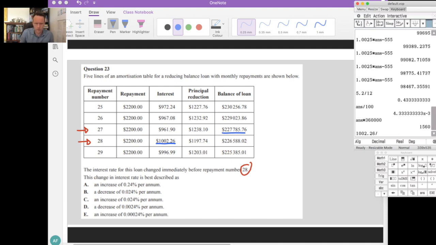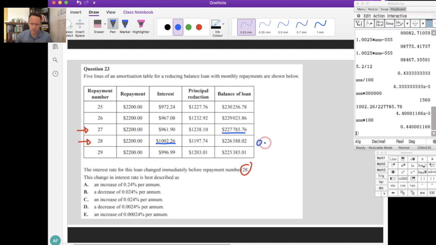There. 22778.5.76. Okay, and we want to times that by 100 to get it as a percentage. So the interest we're charged on this 28th repayment is 0.44.